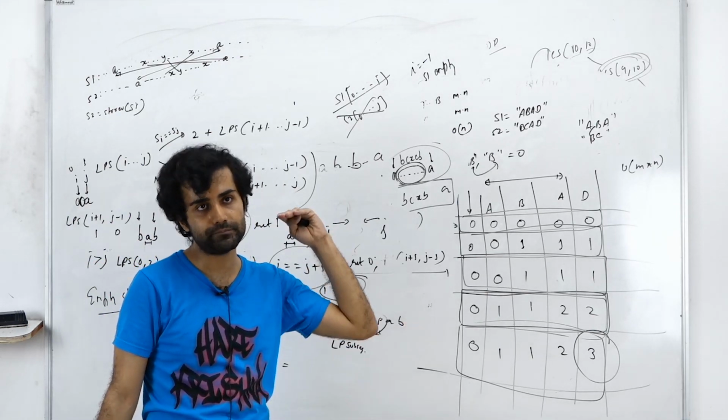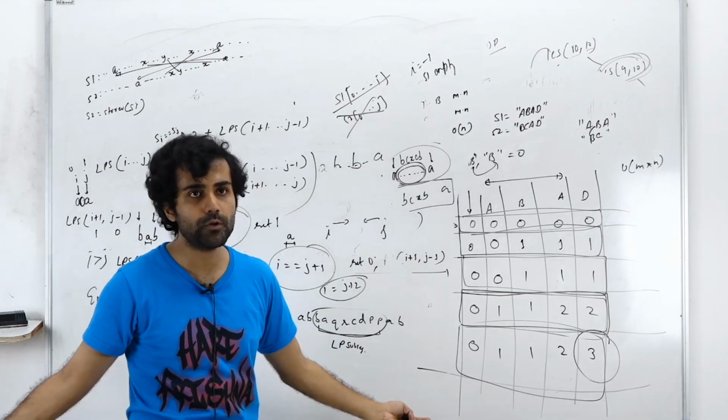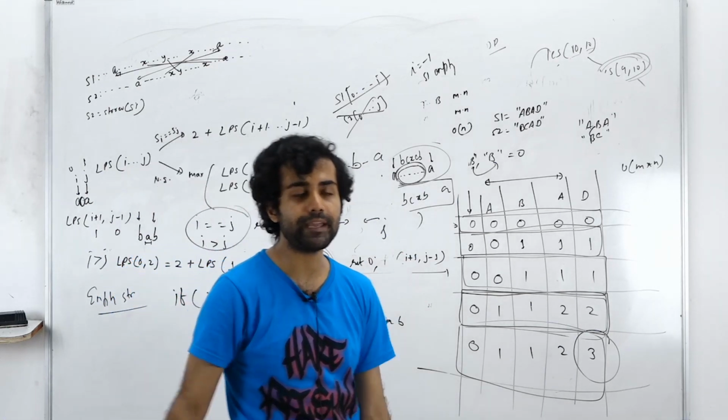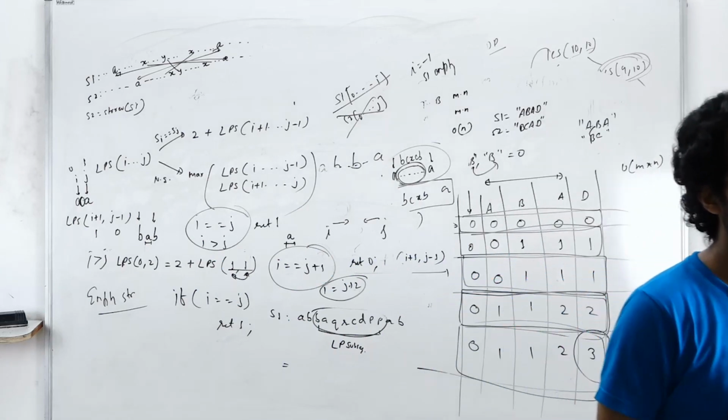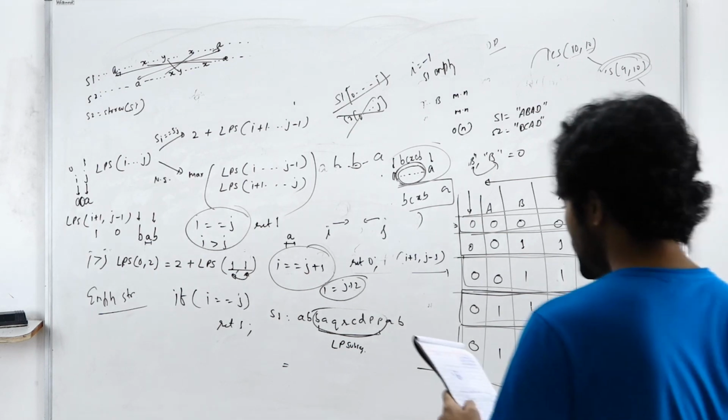Once I have my recurrence relation and termination condition, I can always memoize, and I can write my top-down DP. Is that clear to all? Now tell me how many of you can write the top-down code for this on your own. Just type in yes or no. Everyone, can you write the top-down code? Yeah, you should be able to write it with ease.